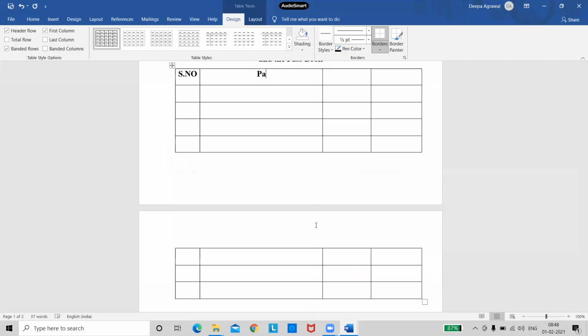Serial number, particulars, and then the first column is for cash book. I'm writing it as CB, cash book. The next column is for passbook.